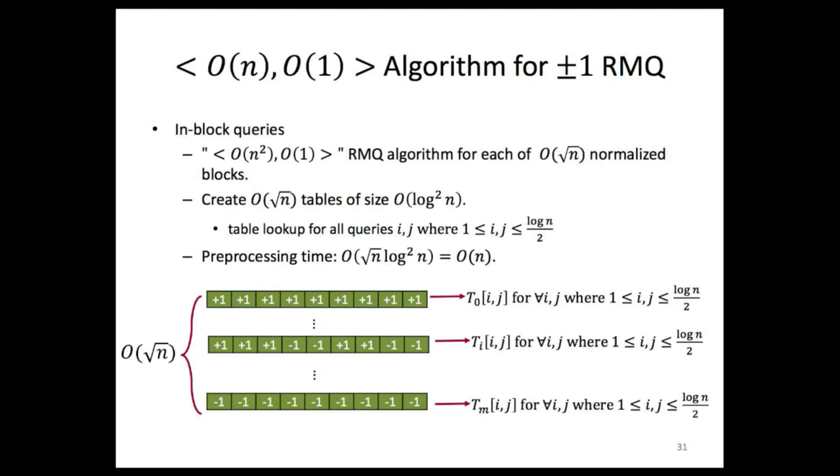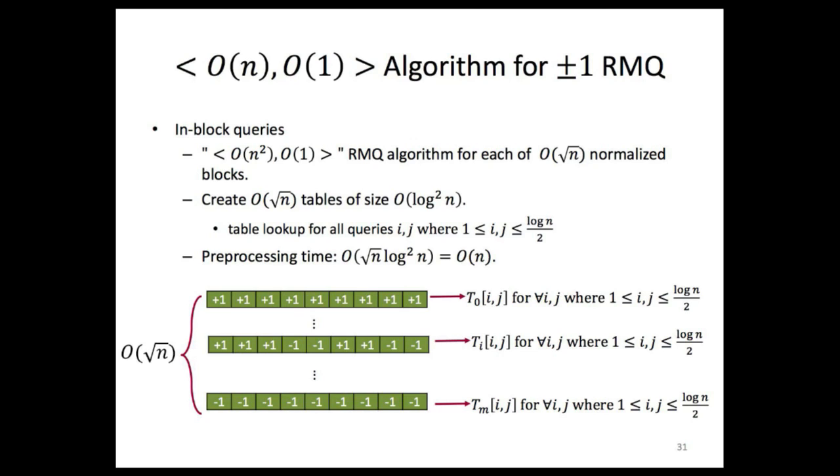So we create O of under root n tables, each of size log of n, and then the queries still take, and when you compare it to the original, you plug in the under root n over there, so you get under root n log square n, which is still much less than O of n squared, and is now O of n.